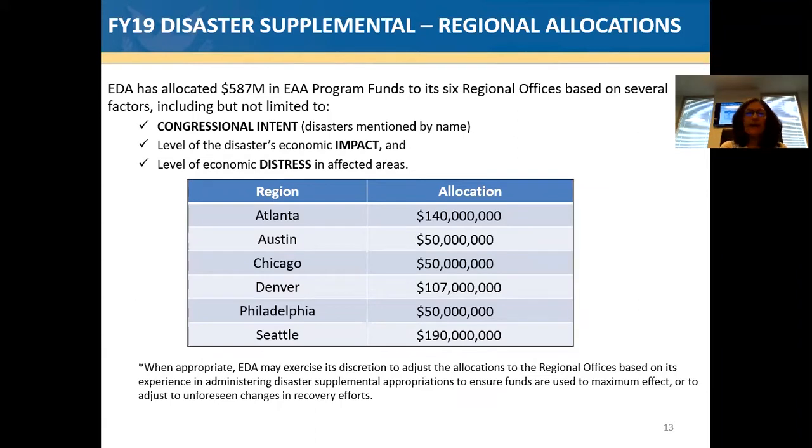The level of the disaster's economic impact and level of economic distress in affected areas. Please note that when appropriate, EDA may exercise its discretion to adjust the allocations to the regional offices based on its experience in administering disaster supplemental appropriations.